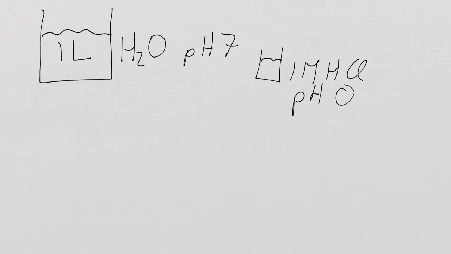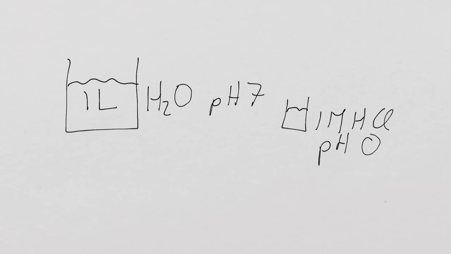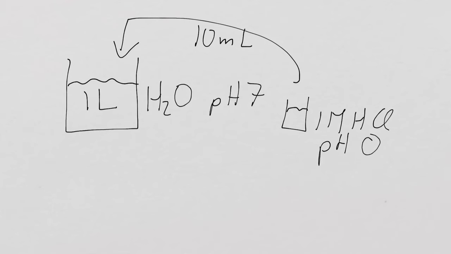Okay, now what we do is we take 10 milliliter of this 1 molar solution and put that in our 1 liter of water. Can you envisage that? Just take 10 milliliter of that, whack it in. What happens? Sorry? It becomes diluted. The acid gets diluted.